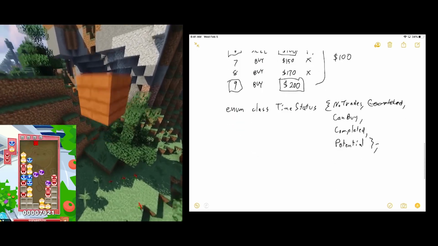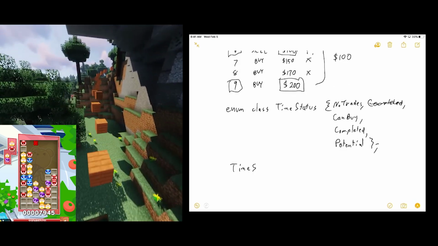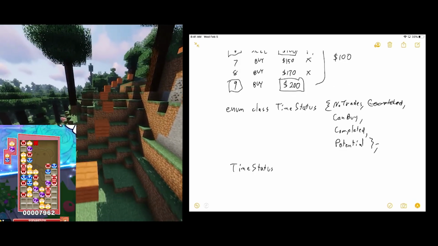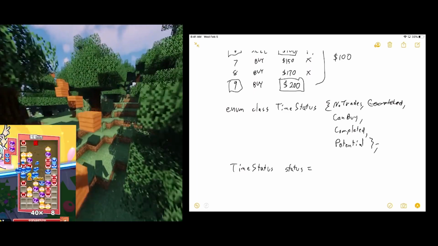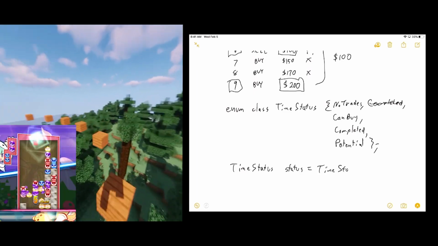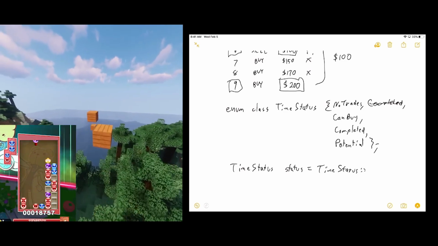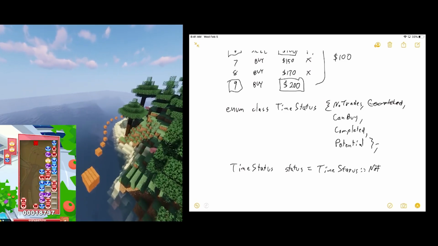So later on, if I have a variable of type time status, I could call it status. I can set it equal to time status, colon, colon, and then no trades would be my initial state.